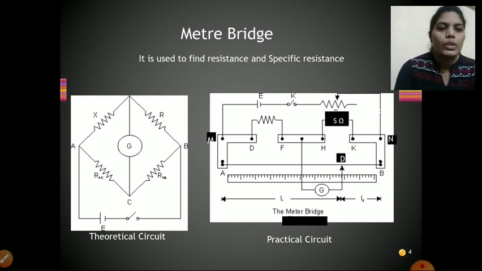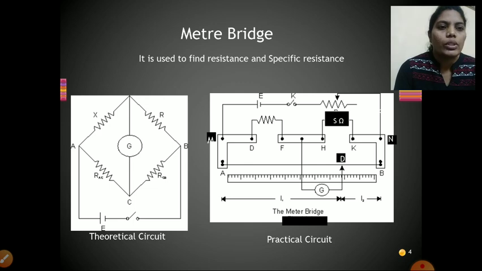On the left hand side you can see the theoretical circuit. Let me explain the practical circuit of the meter bridge. Now you can see L-shaped metal bars which are placed in such a way that they form two gaps. At one gap we are connecting one resistor, and at the other gap we are connecting a resistance box.